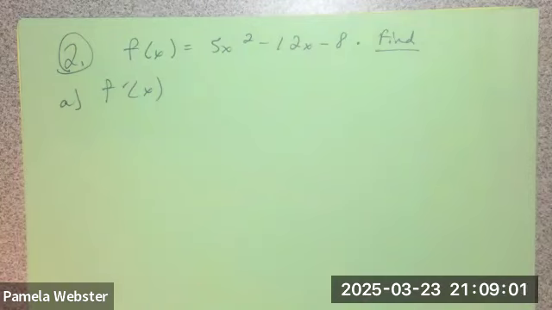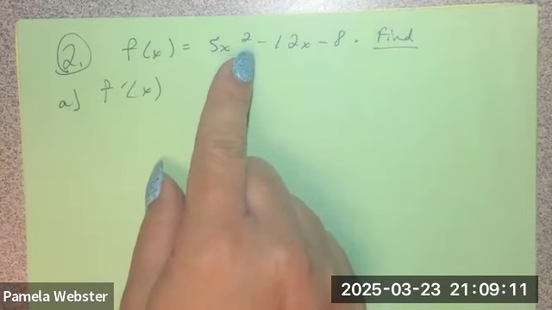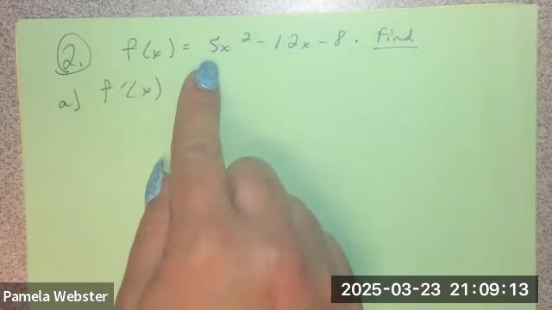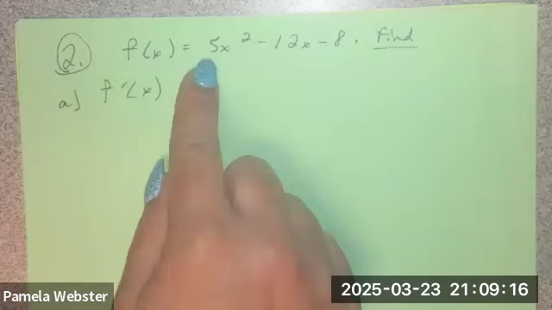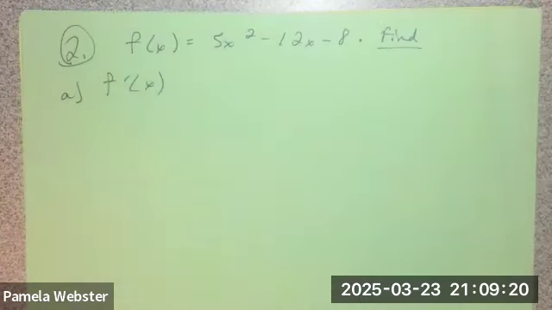Is it a power rule? It looks like all the exponents are real numbers, and out here we've also got real numbers, so I think it's a power rule.